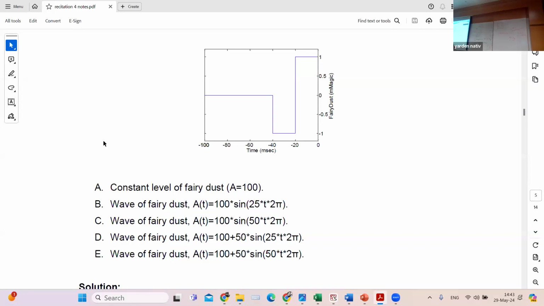Okay, so we are left with the two confusing answers, either B or C. What are the differences between B and C? Great. Who remembers the formula for the relation between frequency and period duration?